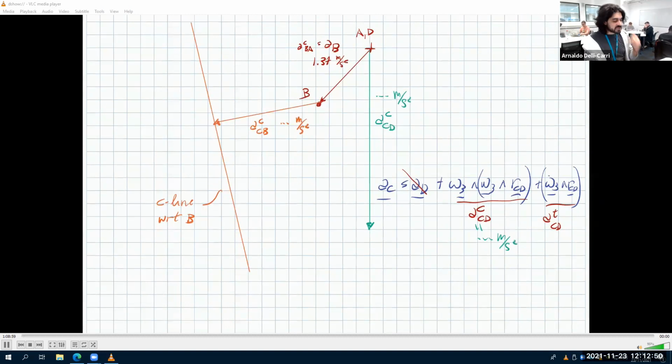And finally, this one is perpendicular to this. This one is the C line with respect to D. And so C must lie on this line and on this line at the same time. So that means this point is point C.